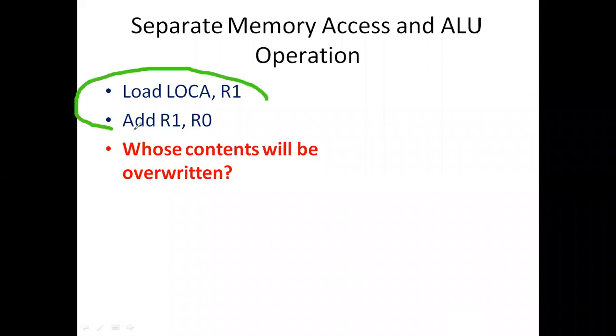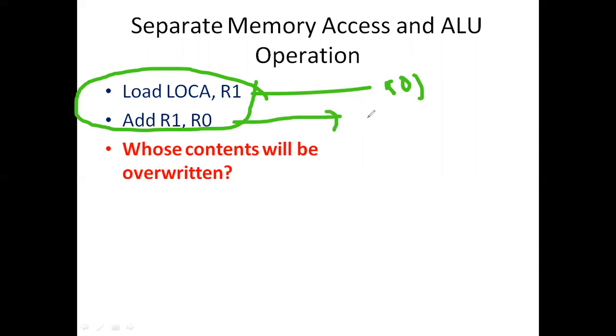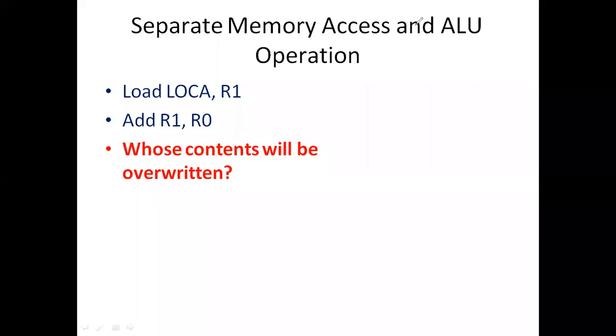So these two instructions: load LOCA, R1, you can call it suppose the zeroth instruction. Then add R1, R0, you can call it instruction number 1. Now, my question to all of you is, what contents will be overwritten? All of you will answer individually when you get this link.